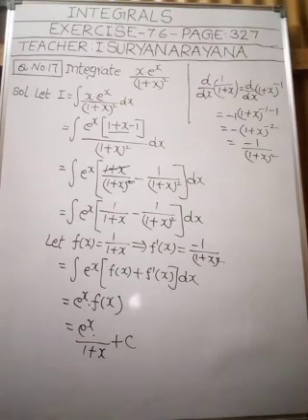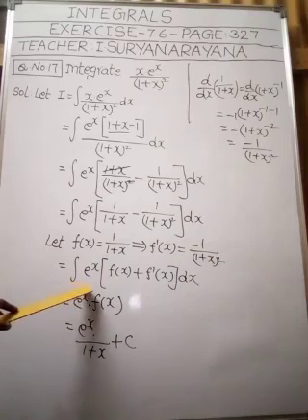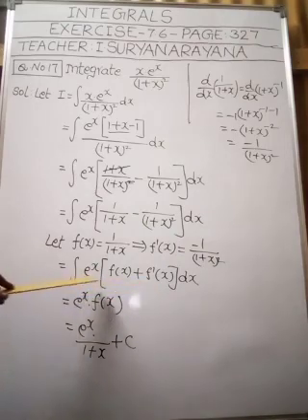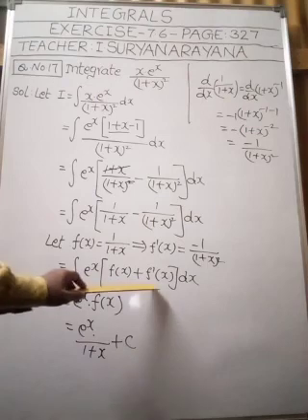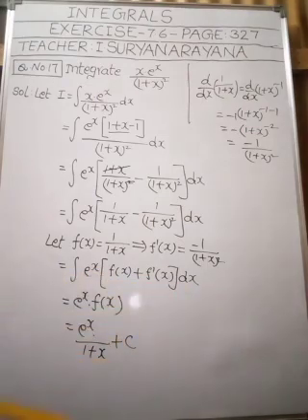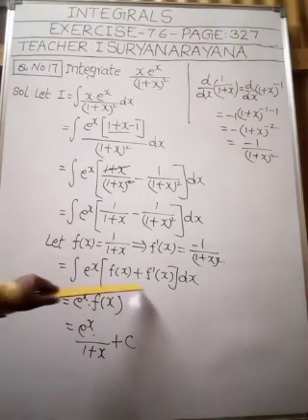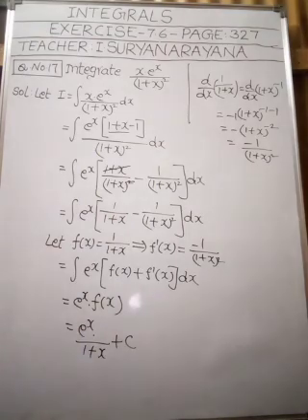Please try question numbers 18, 19 and 20. Okay, my dear children, by using the same formula, convert the given function into the form integral e power x into [f of x plus f dash of x] dx. Convert the given function into this form, then you can easily find the integral of the function.